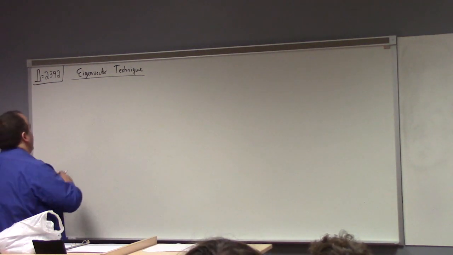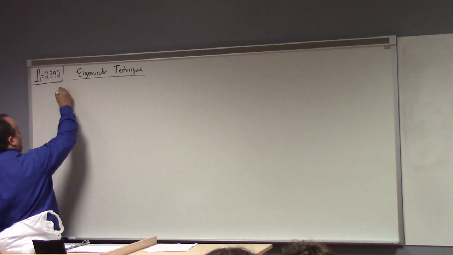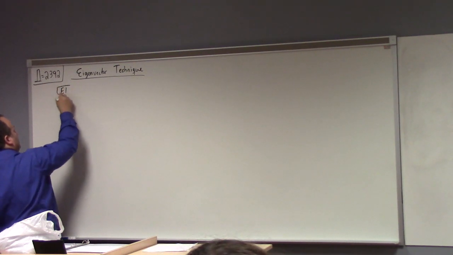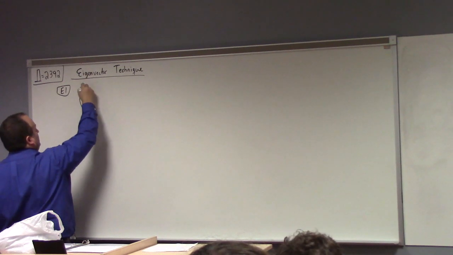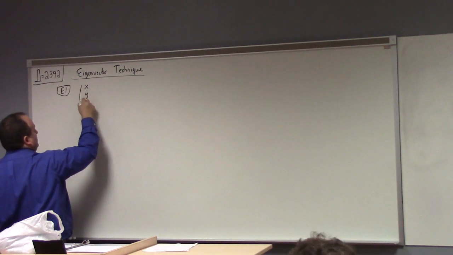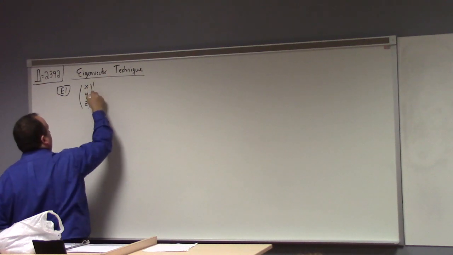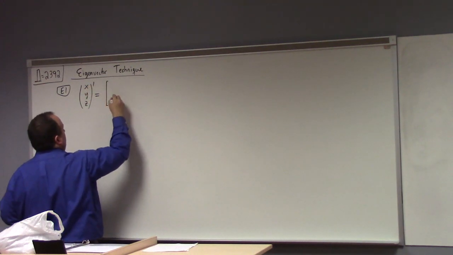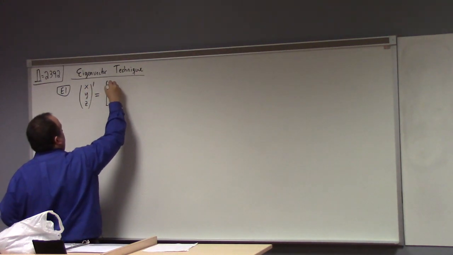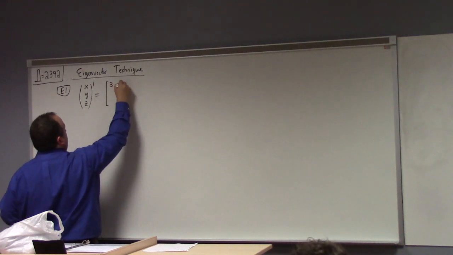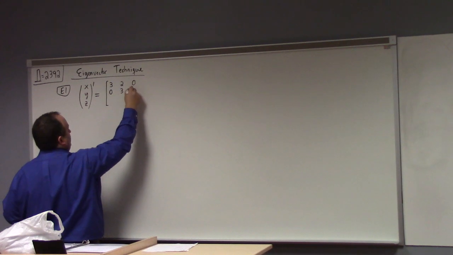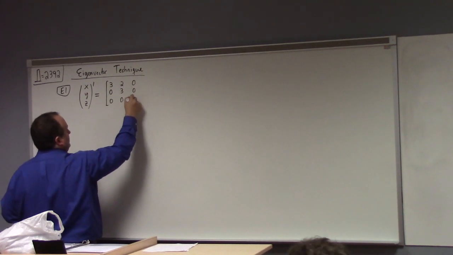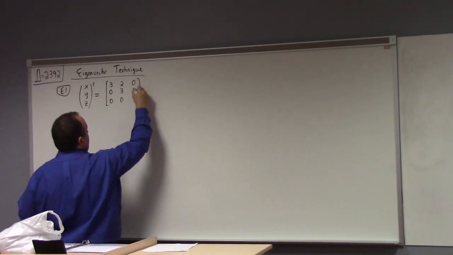I'm going to start with an example that shows you the problem. So here's example one. We could be up against something like x, y, z prime equal to the matrix 3, 2, 0, 0, 3, 0, 0, 0, 7 times x, y, z.